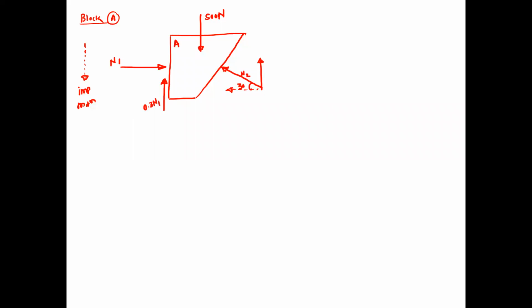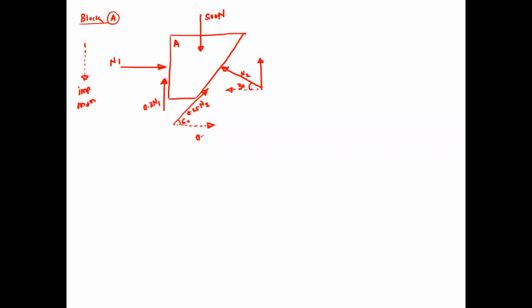into normal reaction N1. Then at this contact surface, this is the second frictional force. This value is 0.25 into normal reaction N2, and its angle with respect to the x-axis is 60 degrees.